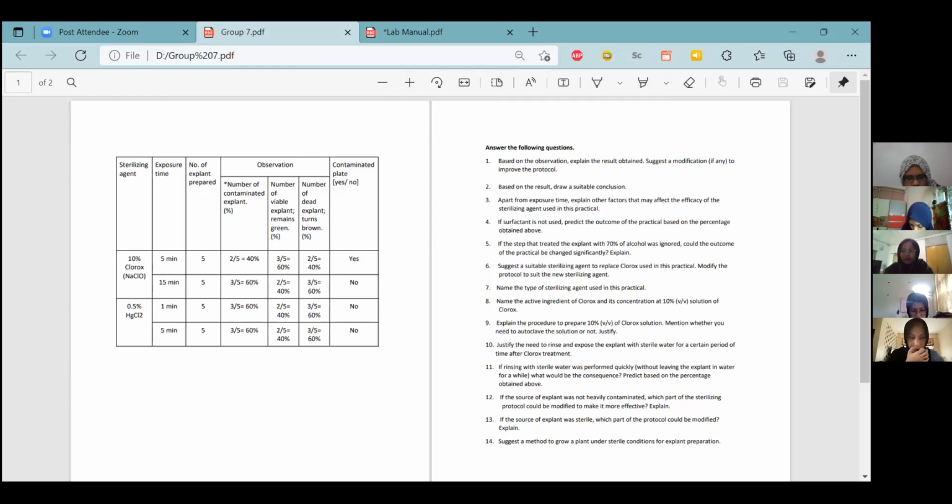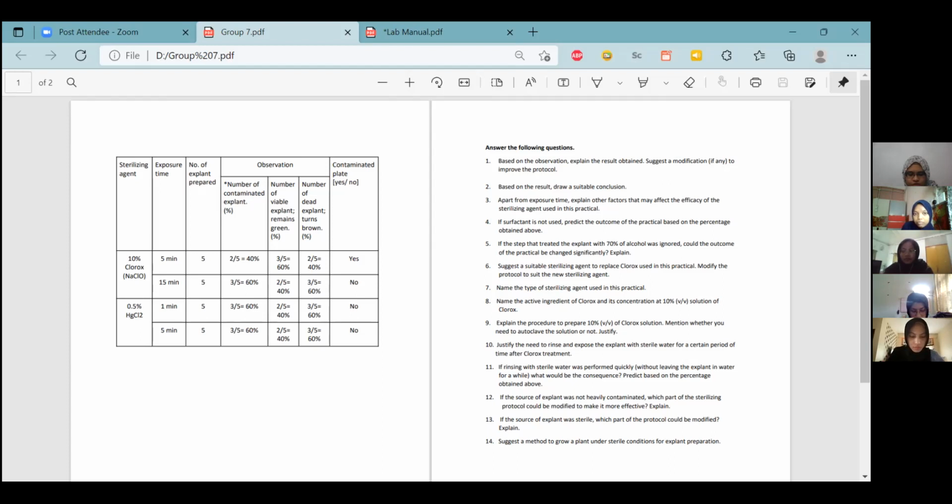For mercury chloride, after we expose the explant to it, we need to rinse them many times using sterile water to remove all traces of minerals from the explants.